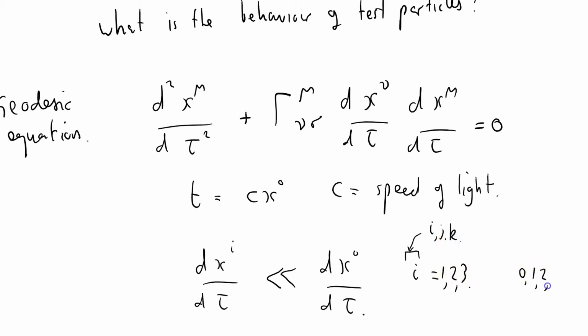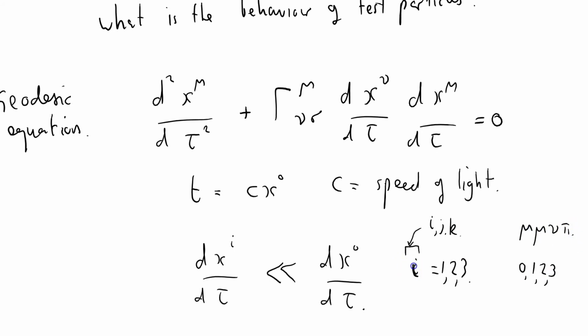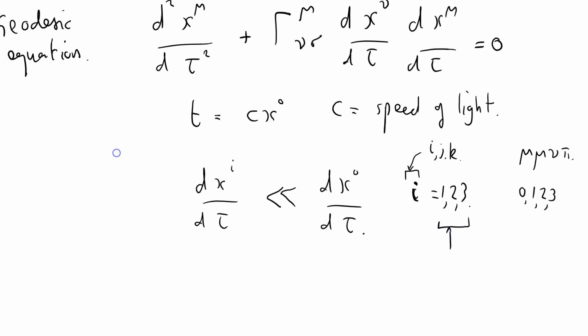If I want to have the 0 in as well, then I'll use a Greek letter like μ or π. But the Roman letter i refers to summing over the space-like indices. So basically, we can ignore the three velocity in the geodesic equation.